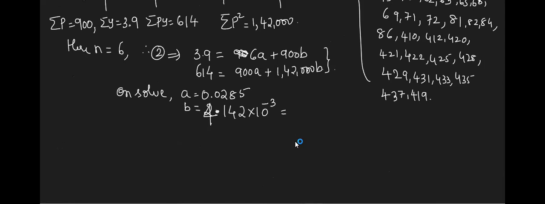See, 10 raised to minus 3 means after the decimal you should have zeros. It is just like dividing by 10 raised to 3, 1000.